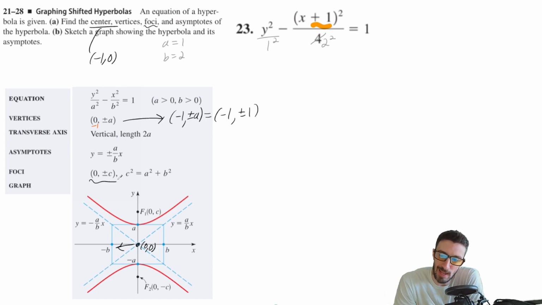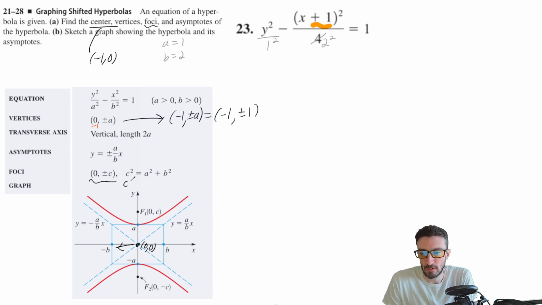All right, we also need our foci, and that is supposed to be at plus or minus c, but there's a formula to get c. So in our case, our c squared is going to be 1 squared plus 2 squared, which is 5. So that means c itself is the square root of 5.